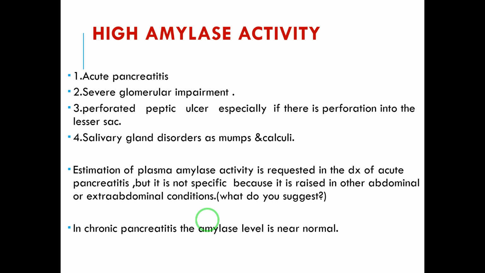So the main causes are acute pancreatitis, glomerular impairment that prevents its excretion, perforated peptic ulcer, and salivary gland disease, maybe inflammation, maybe mumps, or calculi, maybe a stone, that causes obstruction and an increase in the level of the amylase.